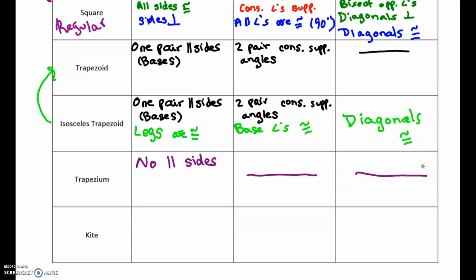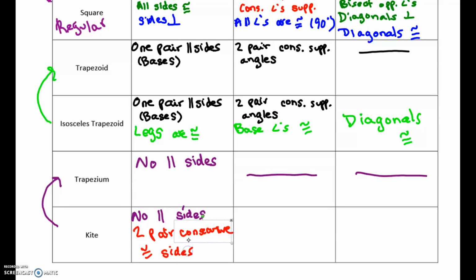The kites, on the other hand, have some pretty cool stuff going on. They are a kind of trapezium, so they also have no parallel sides. Remember, they are a subcategory. So kites are a kind of trapezium, but they have more going on than just that. They also have two pairs of consecutive congruent sides.